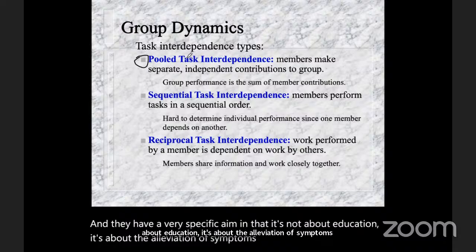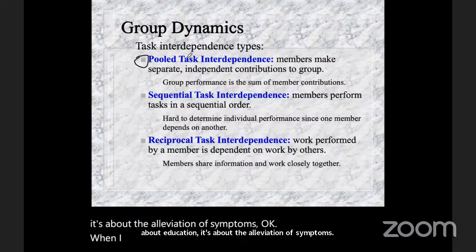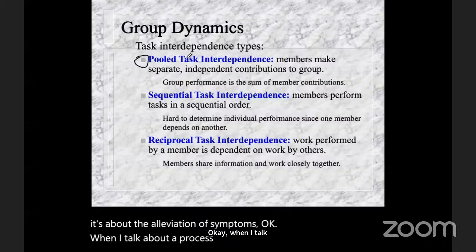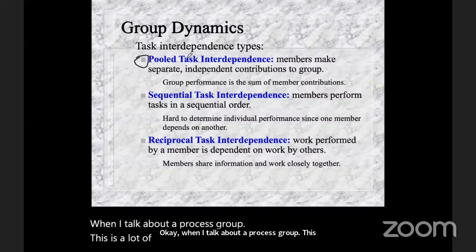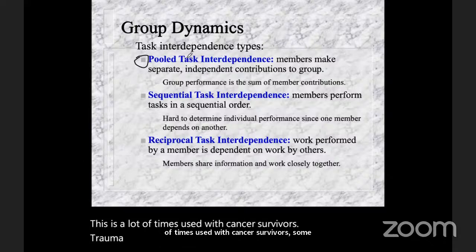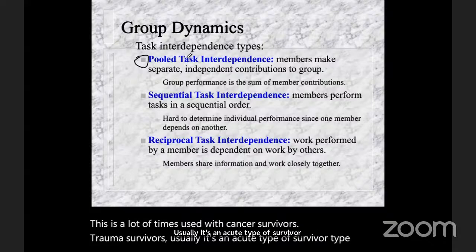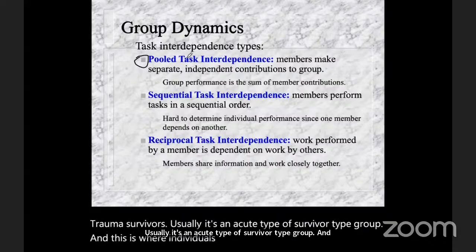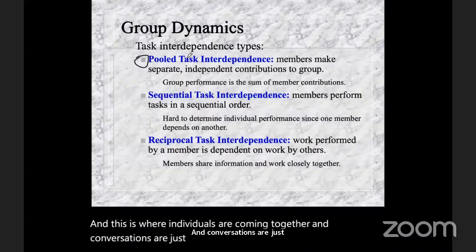When I talk about a process group, this is a lot of times used with cancer survivors, some trauma survivors. Usually it's an acute type of survivor group, where individuals are coming together and conversations are just facilitated and the individuals are just processing the information.